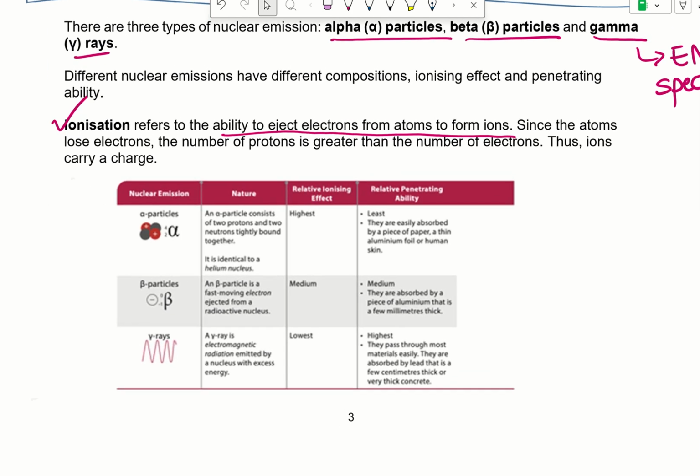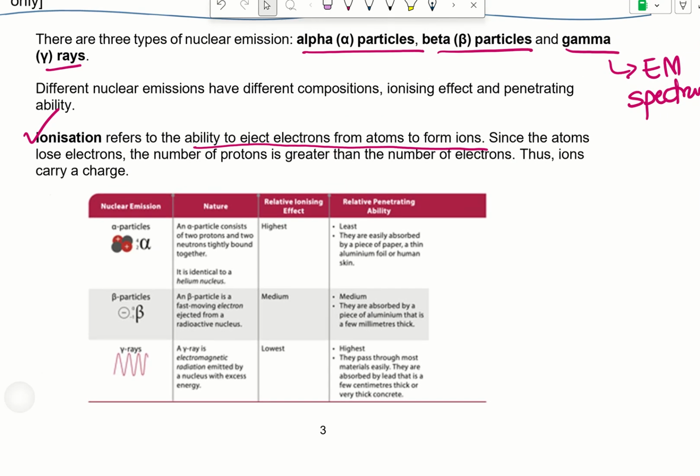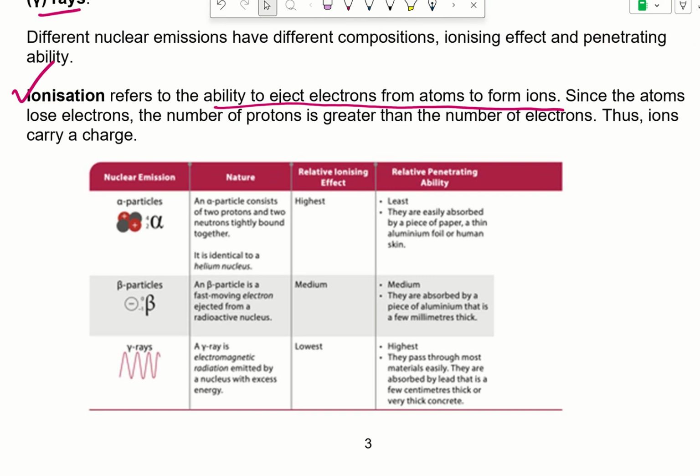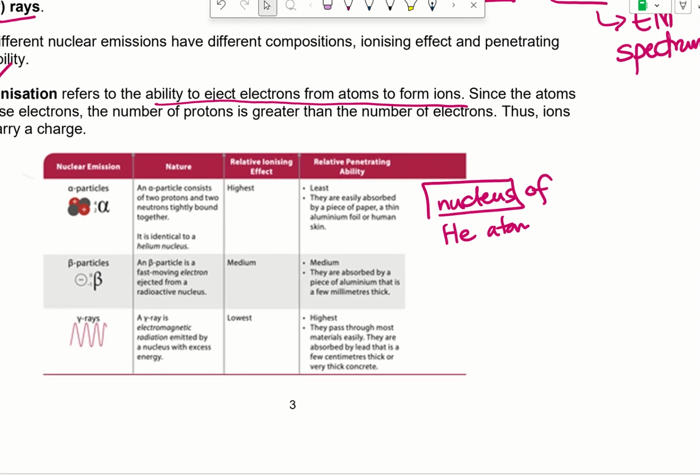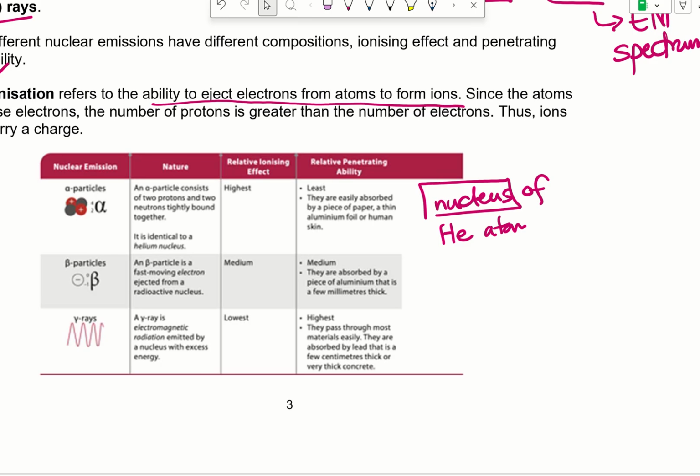So let's take a look at these three emissions in detail. The alpha particle is actually the nucleus of a helium atom. The nucleus, that means I don't count the electrons. If you look at helium in your periodic table, it should have this nuclide notation 4, 2.